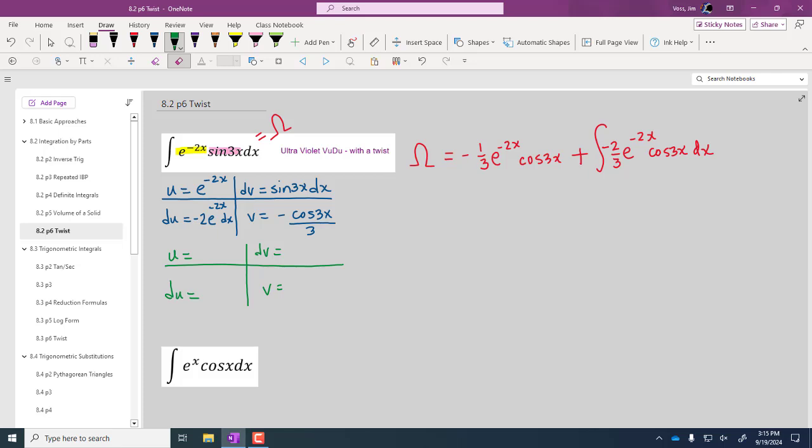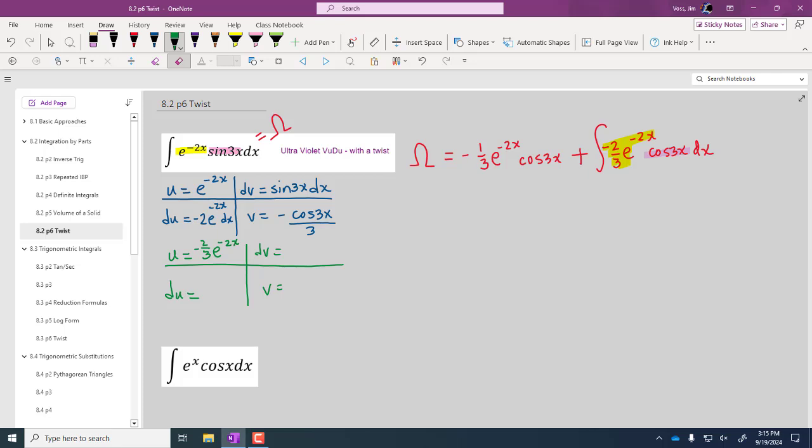So if we used an exponential in u up here, then we use an exponential here. So I'm going to treat this as the first function right there, all of that. And then the second function is that. So u will be negative 2/3 e to the negative 2x.